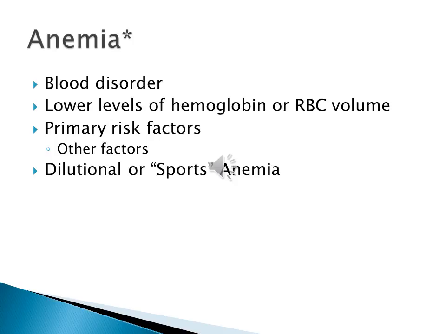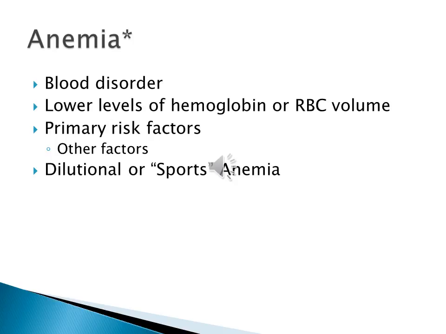The primary risk factors associated with anemia are malnutrition and chronic disease. Malnutrition refers to decreased intake of iron, causing a major issue, and other chronic diseases will contribute as well.